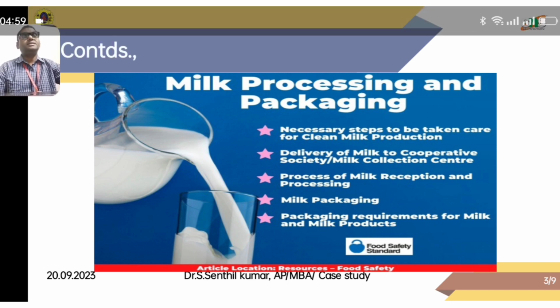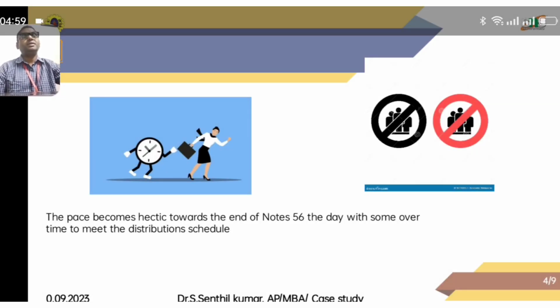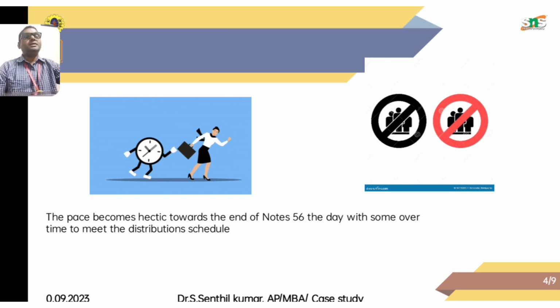And next comes, when we talk about that, here Mr. Ramesh has to have piecework. So no problem should arise where the meeting of distribution schedules should go in a smooth manner.